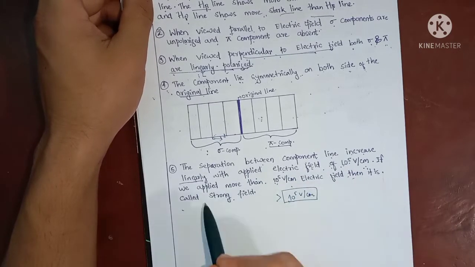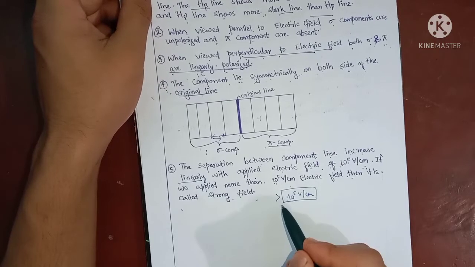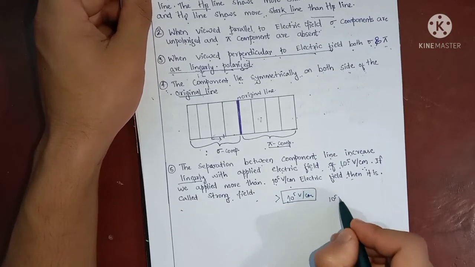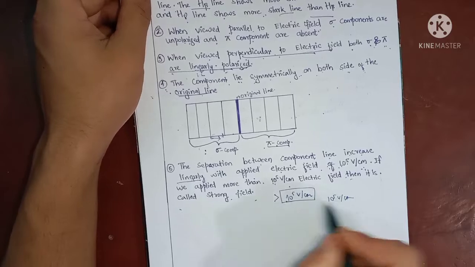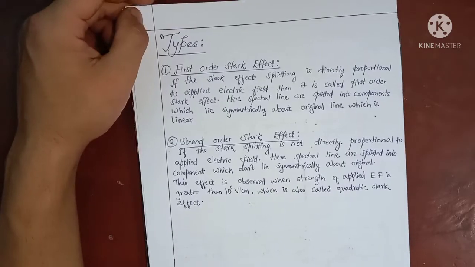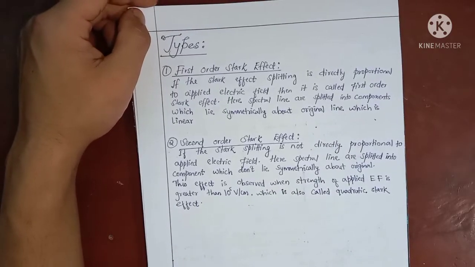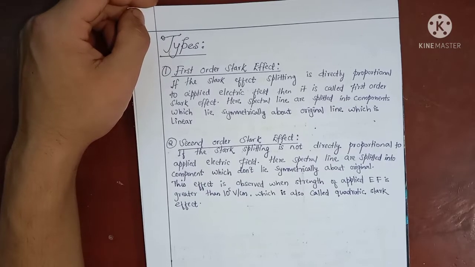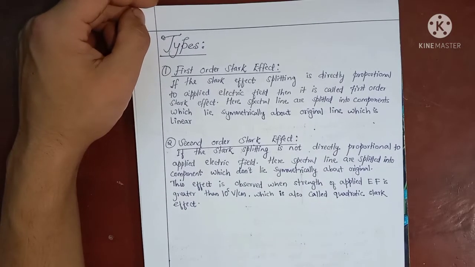That means the separation between these two component lines increases linearly when we apply an electric field up to 10 to the power 5 volt per centimeter. Then it is called a weak field. If we apply an electric field of more than 10 to the power 5 volt per centimeter, then we call this a strong field type.